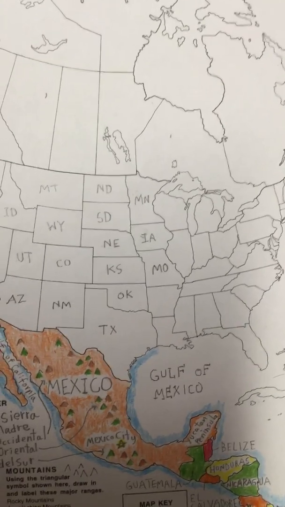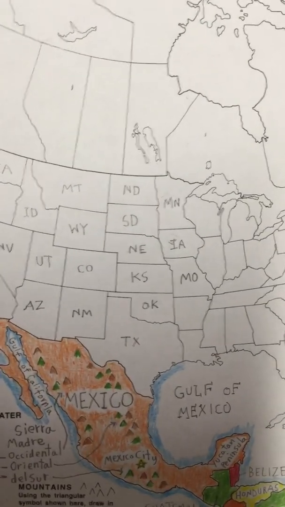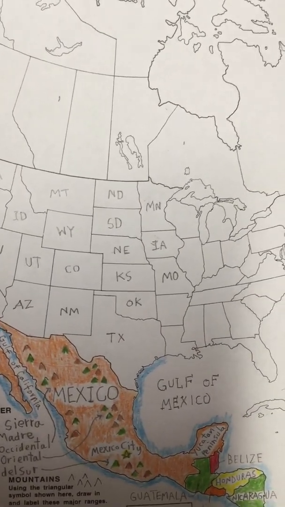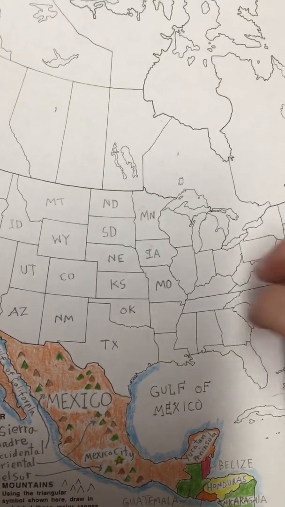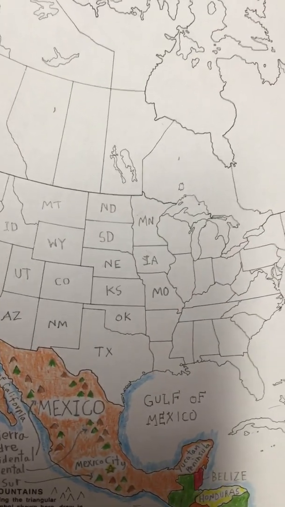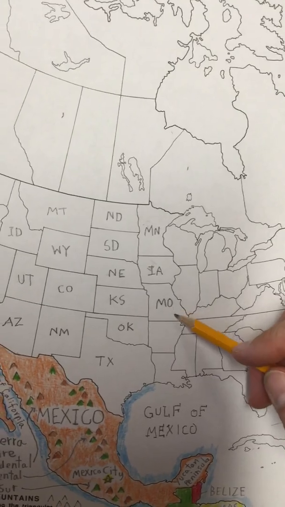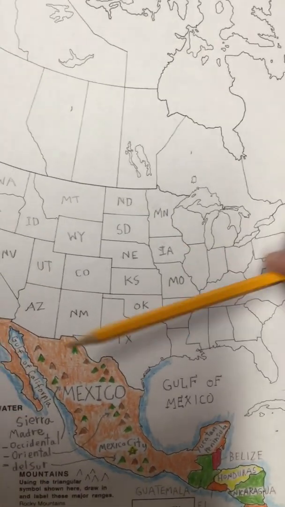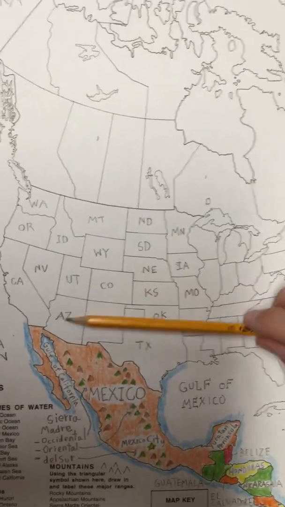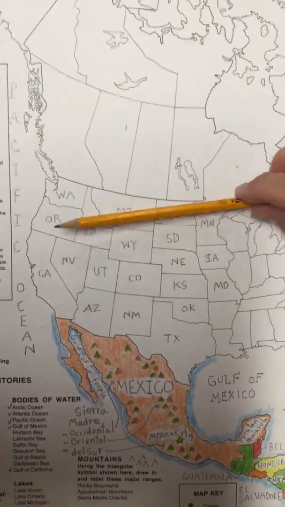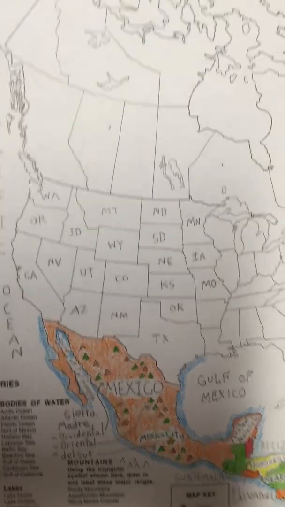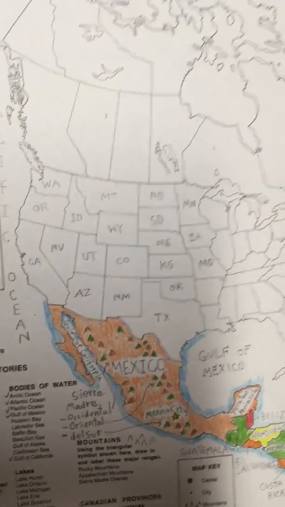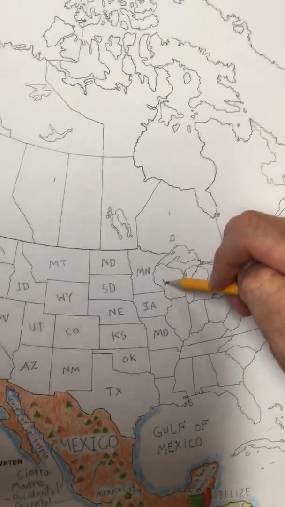Can't find Arkansas. Oh, wait a minute. Arkansas is actually considered part of the southeast region. Okay, so I won't even label Arkansas yet. That's getting into the southeast region. So we've done 3 regions so far. We did the southwest, we did the west, and we did a portion of the Midwest. I do have some more states in the Midwest I can do.